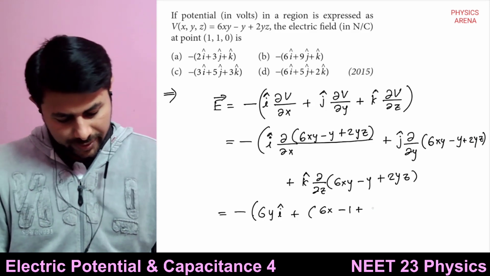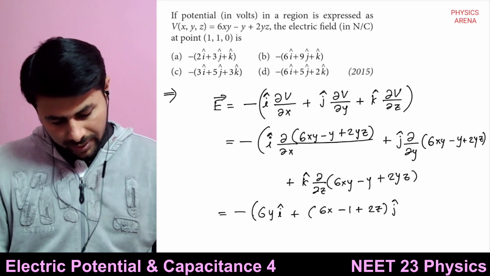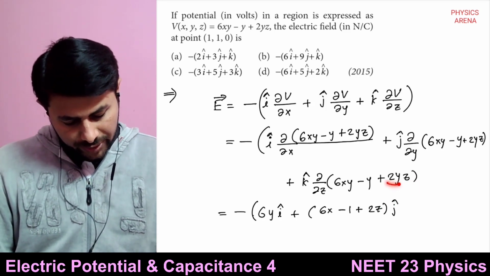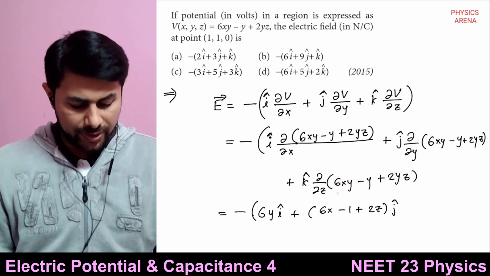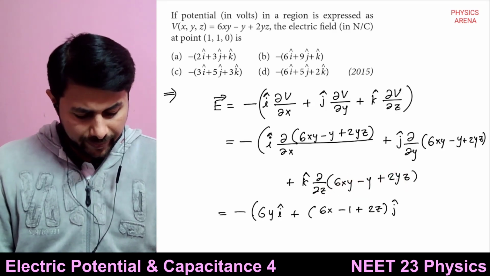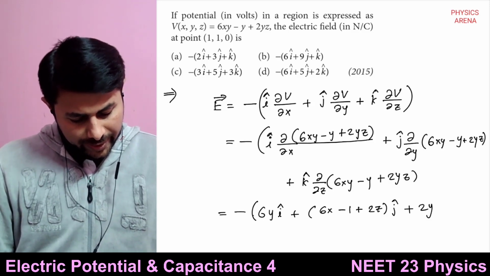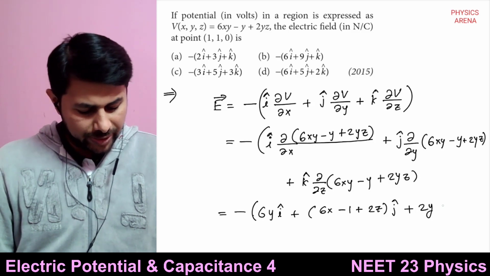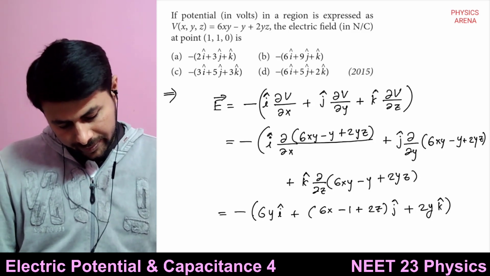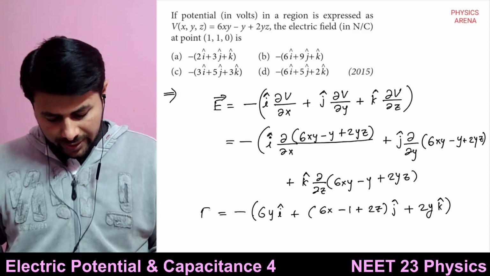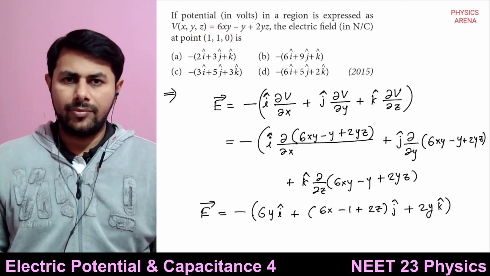So this is 2z multiplied by j cap. And here you will take 2y outside. The derivative of the other terms with respect to z is 0 because they are constant. So it is 2y times the derivative of z with respect to z, which is 1. So 2y times k cap. So this is the electric field. Now you are given this point.